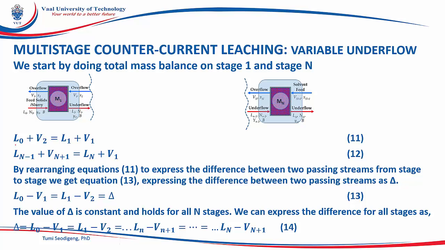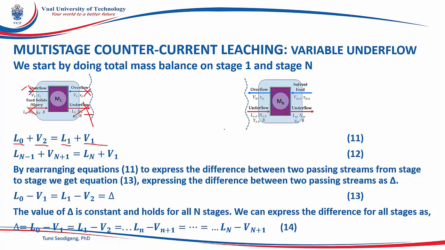The input for stage 1 will be L0, which is this one here, and V2, which is the stream here, which will be equal to the two outgoing streams, the output, which is L1, the stream here, and then V1, which is the overflow product stream.